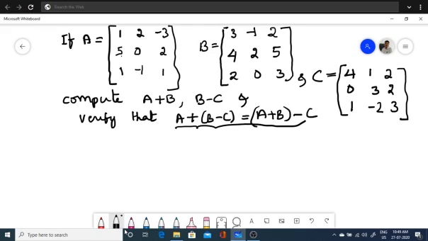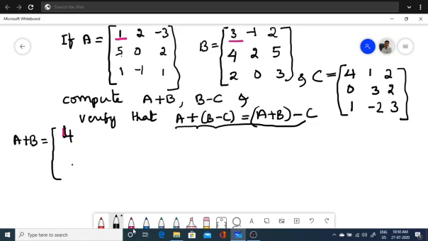So here we conclude, first find out A plus B. What is A plus B? A plus B is equal to, just adding the corresponding elements of A and B. So observe that 1 plus 3 will become 4.